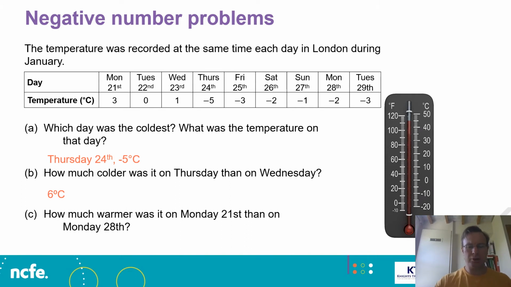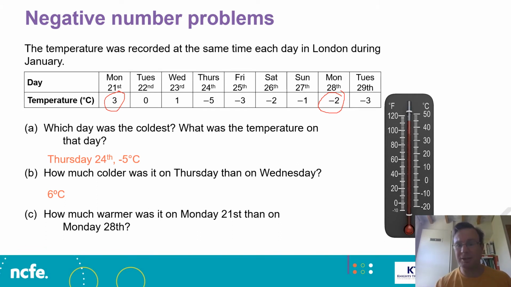And then the final question is how much warmer was it on Monday the 21st than Monday the 28th? So you're looking at those two questions. You're looking at the 21st, and the 28th. Have a think about that question. If you're starting at, let's say, -2, how many units does it take you to get to 0?